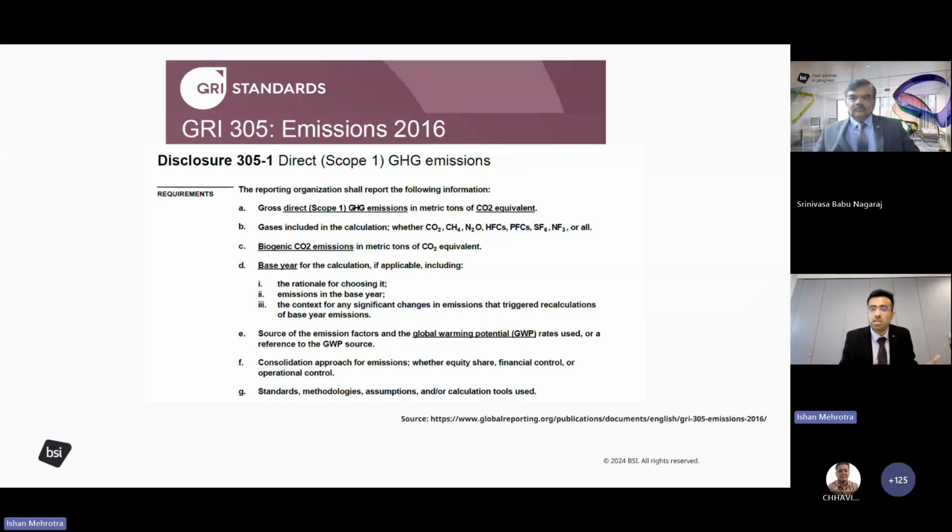Similarly, it is asked in BRSR, which asks additional elements like base year and sources of emission factors. So I think it's more comprehensive. BRSR does not specify methods individually for India, but it asks you to use globally available standards for greenhouse gas accounting, which is the common language available in these global frameworks. One is GRI. Thank you.